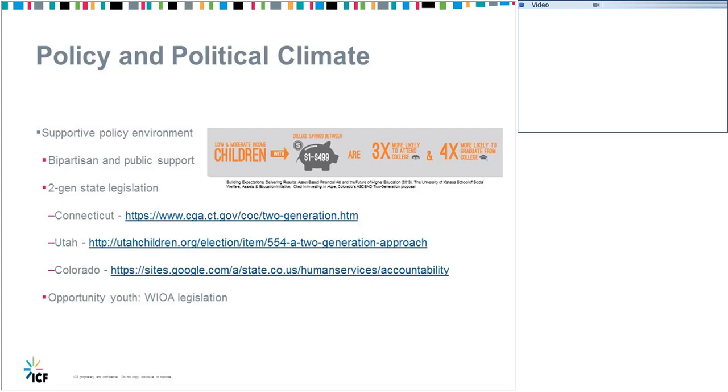And it targets 75% of the youth funds to opportunity youth. The law also contains a requirement that 20% of funds be spent connecting youth to internships and work experience. So as you can see, there is lots of political attention, and this has also increased funding in this area.